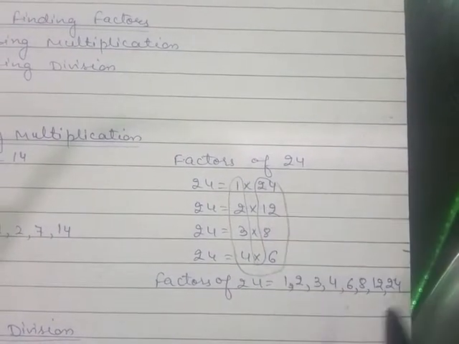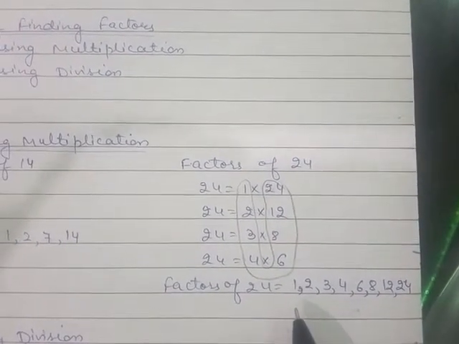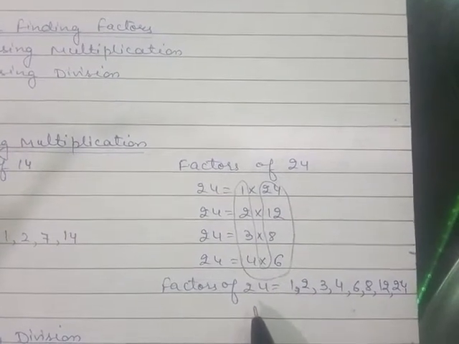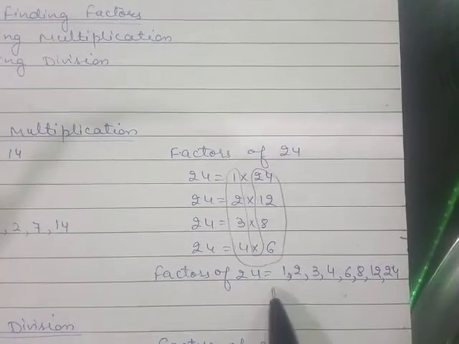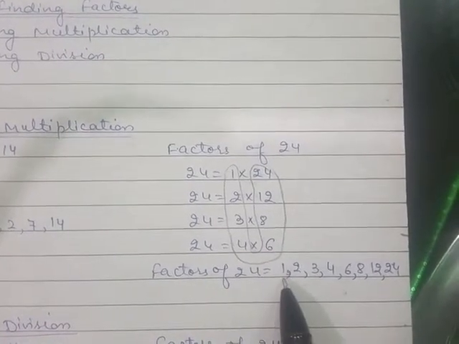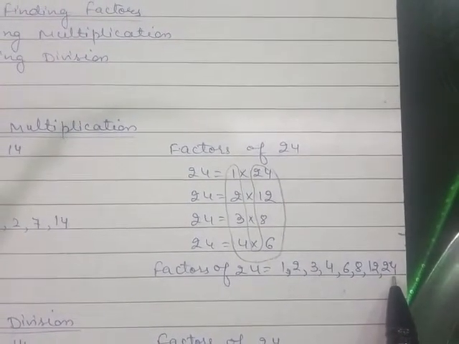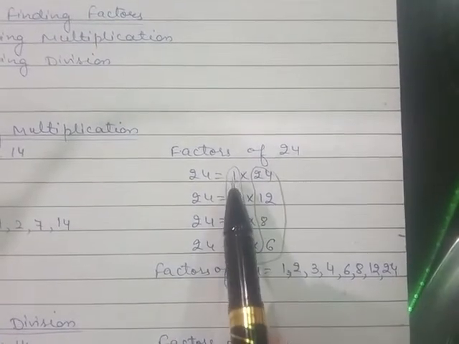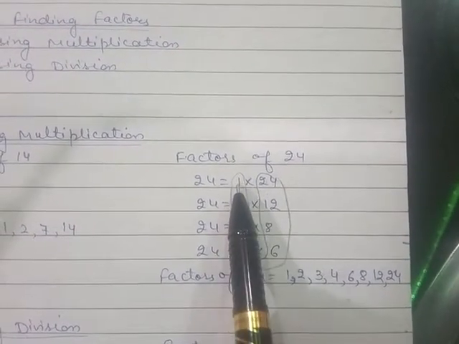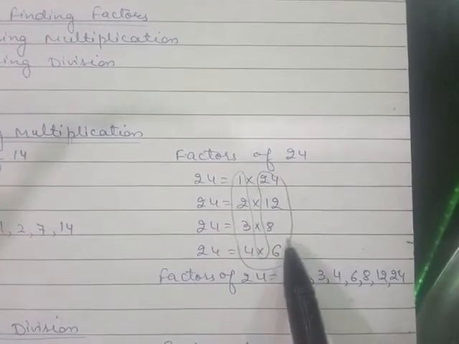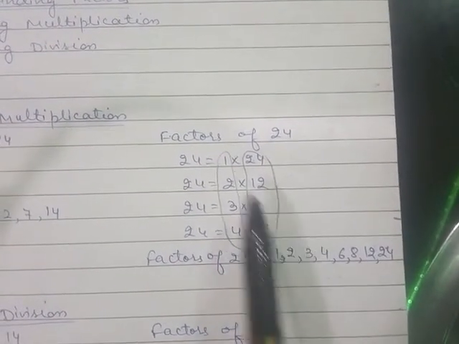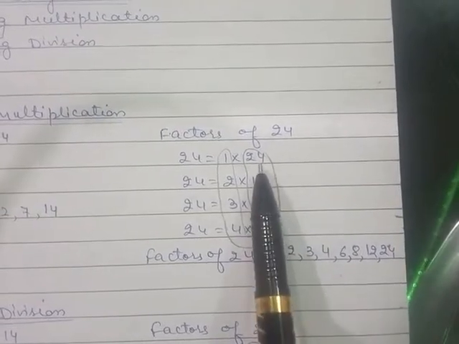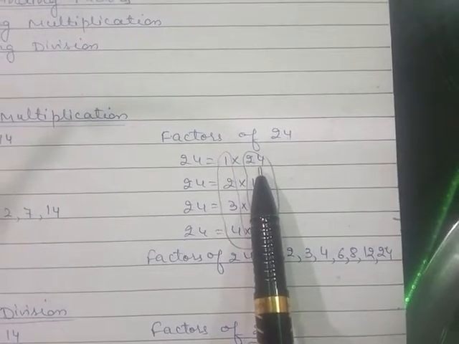Remember one thing, beta, we always have to write the factors of any number in ascending order only. Ascending means from smaller to bigger number. That's why we always follow the letter U while writing the factors of any number, so automatically it will come in ascending form.